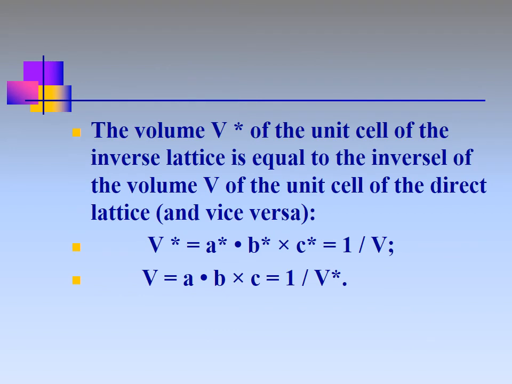The volume of the unit cell of the inverse lattice is equal to the inverse of the volume V of the unit cell of the direct lattice, and you can write or define it the following way.